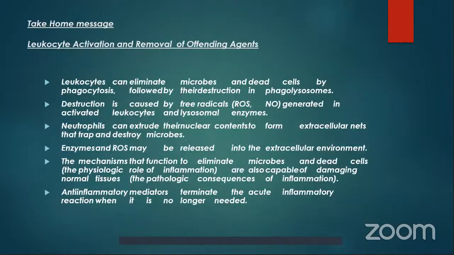So from today's class, what is the take-home message? Mainly about the leukocyte activation and removal of offending agent by phagocytosis. So what did we learn? This is the gist of whatever I have spoken till now.